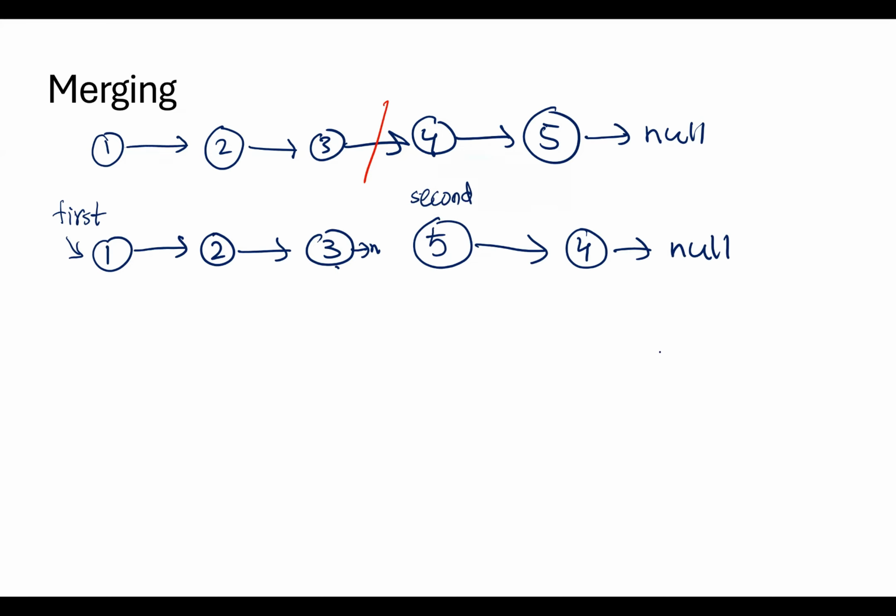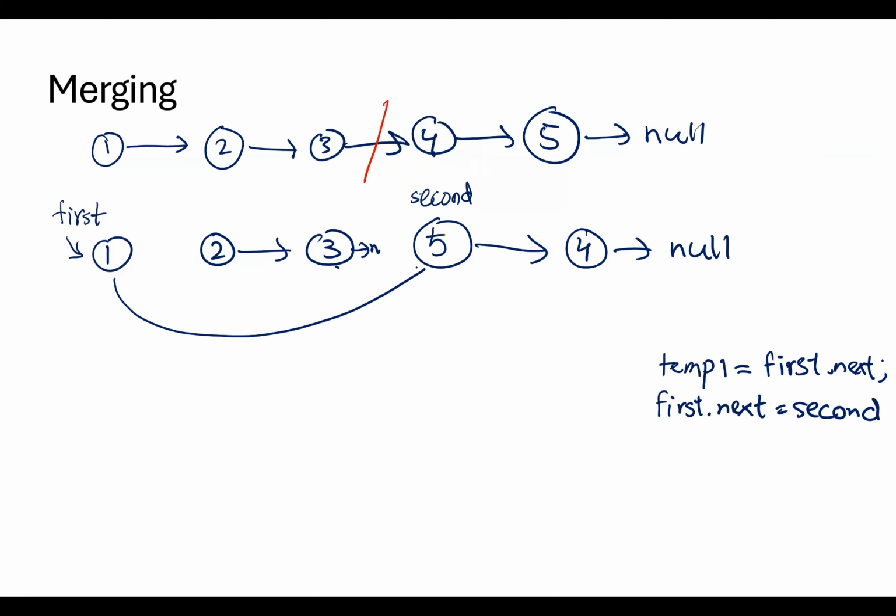Let's say temp1 equals first dot next. Done. And then I make the second as the first's new next. Okay, so this is deleted and this is established.